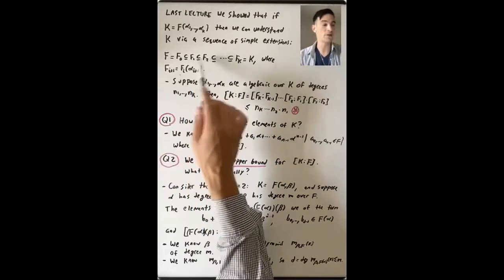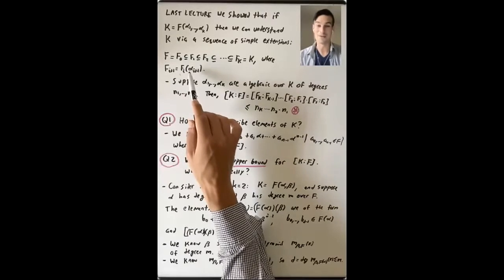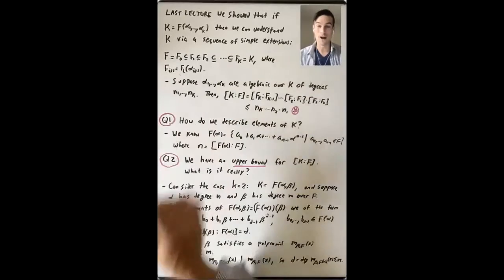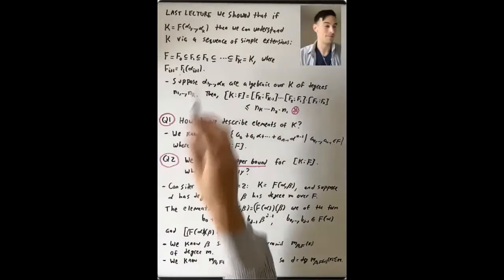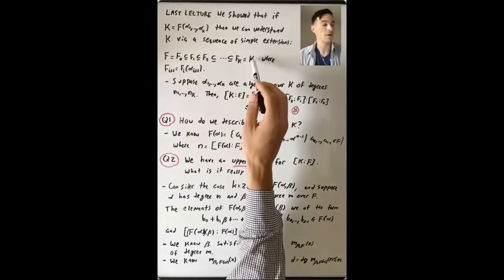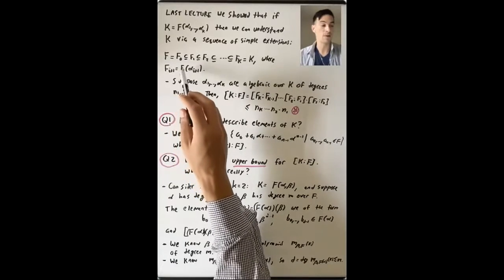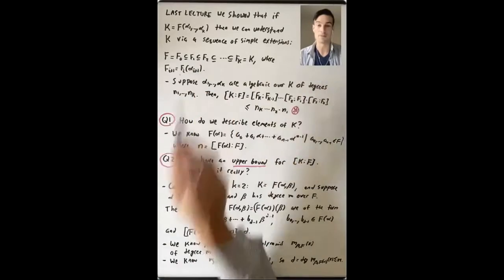And then F2 is going to be F1 adjoin alpha 2. So it's the field generated over F by alpha 1, that field adjoin alpha 2, and so on. So you get F0, F1 up through Fk, which is K, where Fi plus 1 is the field generated over Fi by alpha i plus 1.